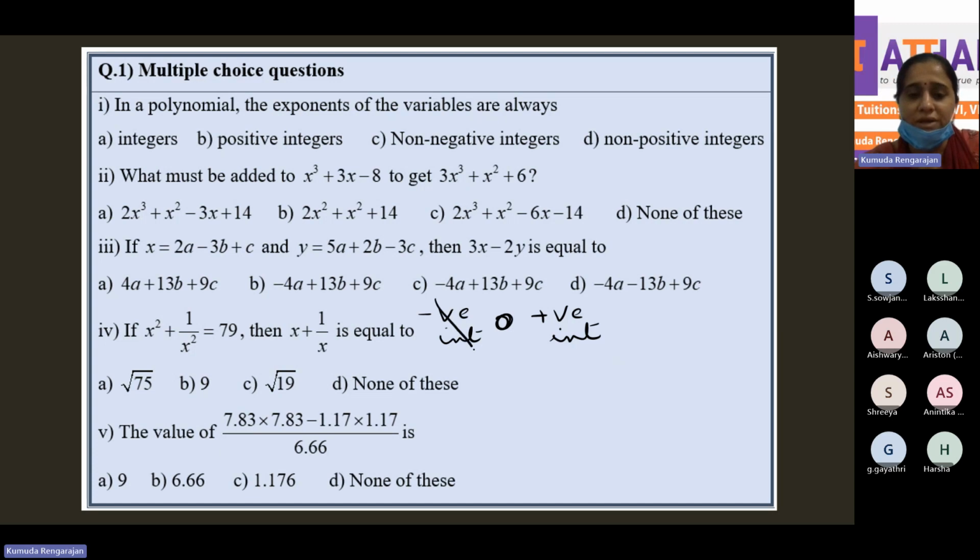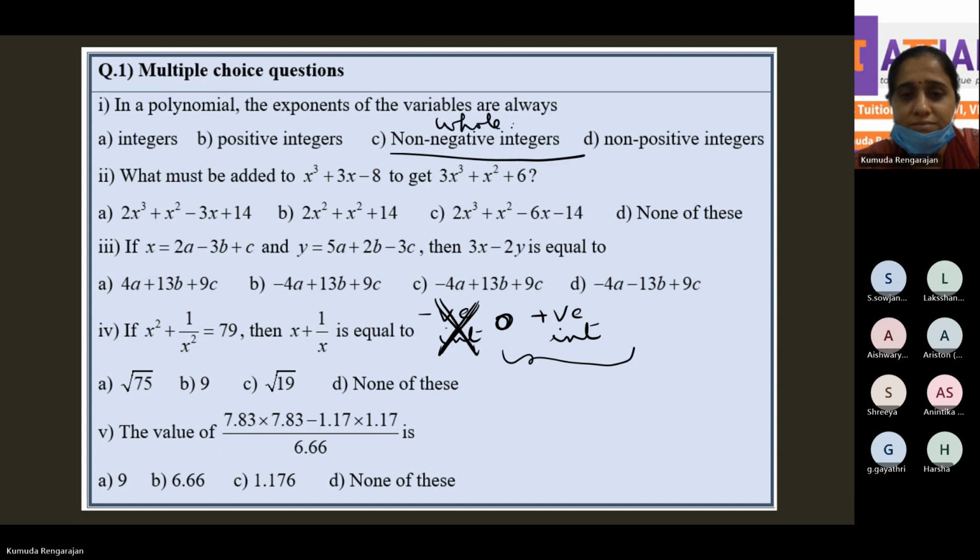Then remove the negative ones. What are we left with? We are left with the collection of whole numbers: positive integers and 0. Positive integers are 1, 2, 3, 4, 5, 6, 7, 8, 9, 10 and 0. So non-negative integers also means whole numbers.